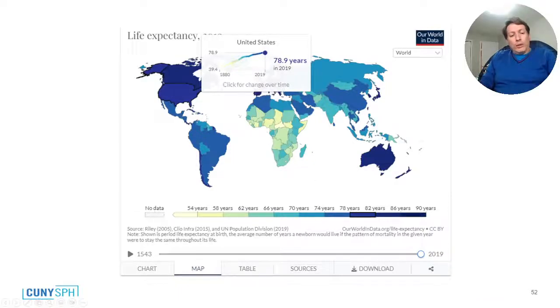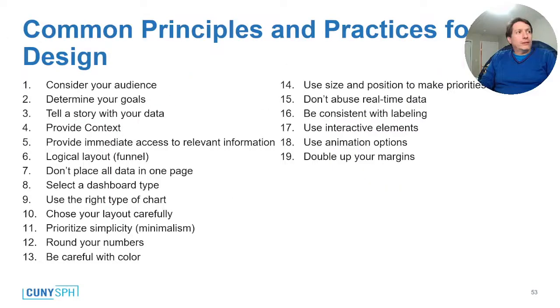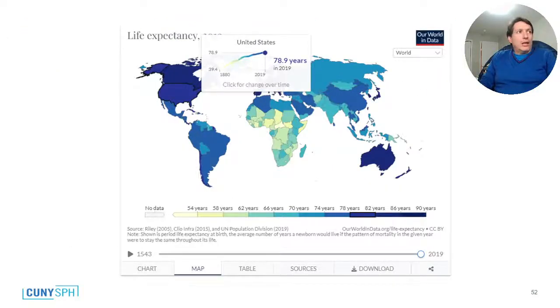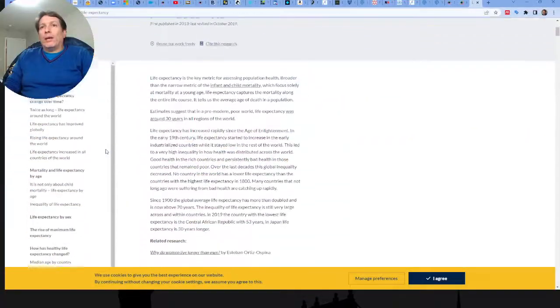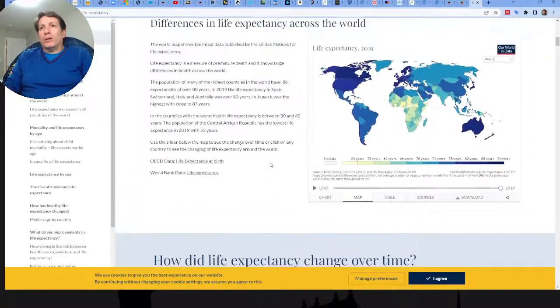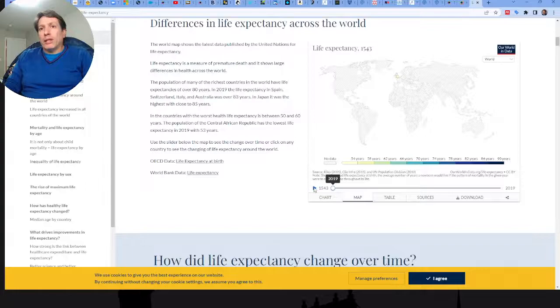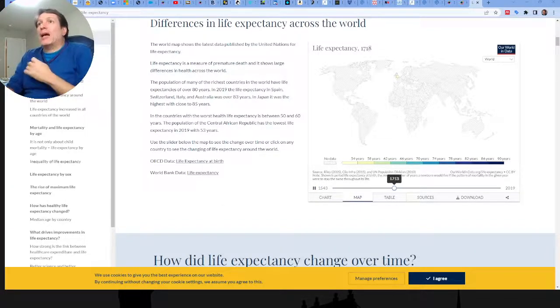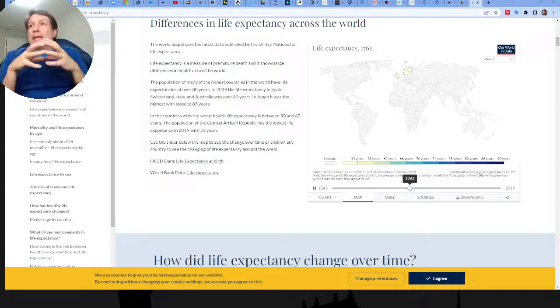An example that we have shown in the past is the way that we have data representation in our health data. And remember that we have historical representation that we can animate, and we can actually have a better understanding of a phenomenon.